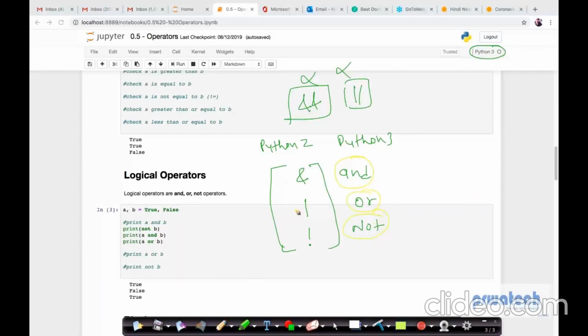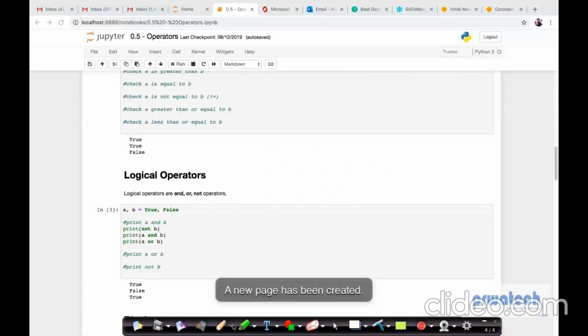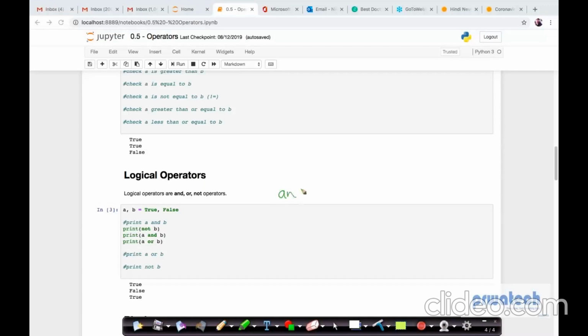Okay, let's start with the AND operator. What is an AND operator? AND operator says, when both the conditions are true, then only it returns true.